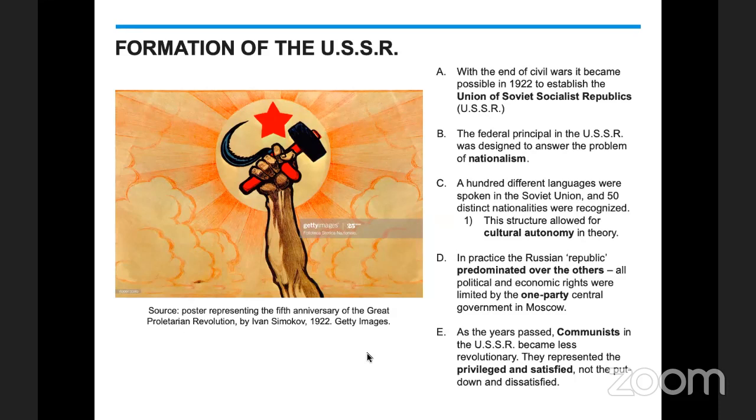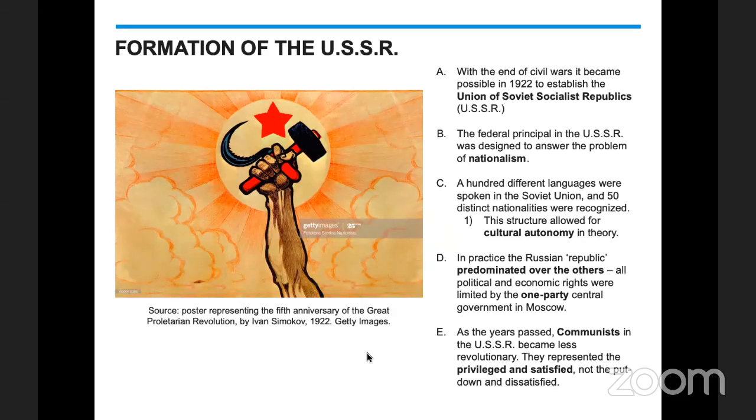But part of what they want to do in the structuring of the government is answer the problem of nationalism, because they know, similar to what we saw when we were talking about Austria-Hungary, Russia, in C there you see 100 different languages spoken in the Soviet Union, 50 distinct nationalities were recognized.